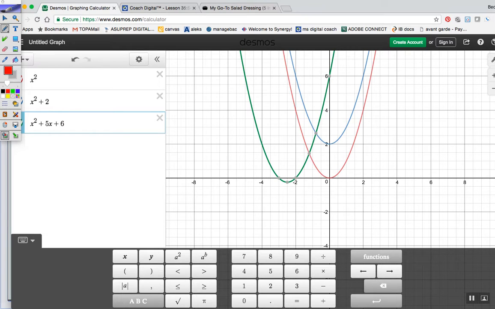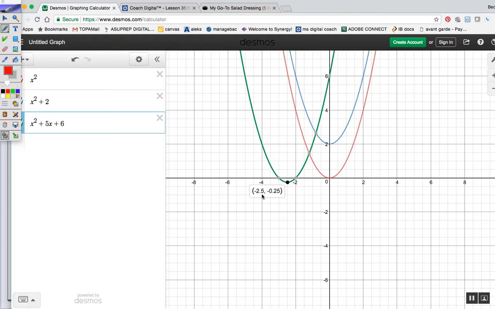Okay, so you can see this quadratic has a vertex of negative 2.5, negative 0.25, and it has x-intercepts at negative 3, 0, and negative 2, 0. So the main features that we're going to be focusing on with quadratics are the vertex and the x-intercepts. And going back to our word problems, that's where we're going to find the most valuable information.